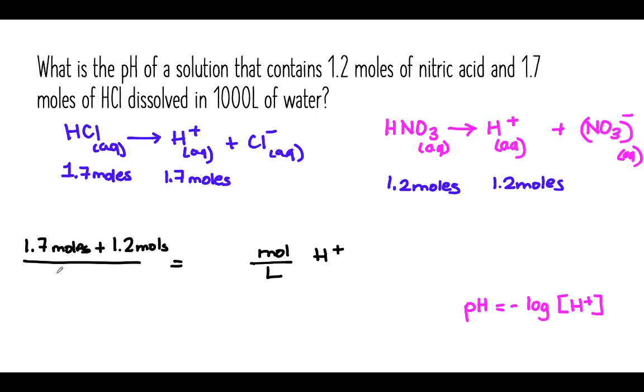and divide it by 1,000 liters. If I do this calculation, I'm going to get a concentration of 2.9 times 10 to the power of negative 3. This is the concentration of H plus.